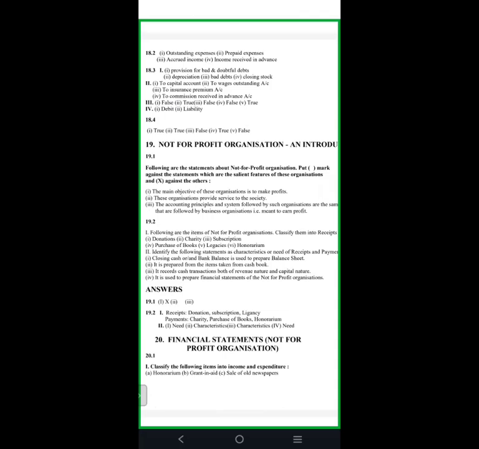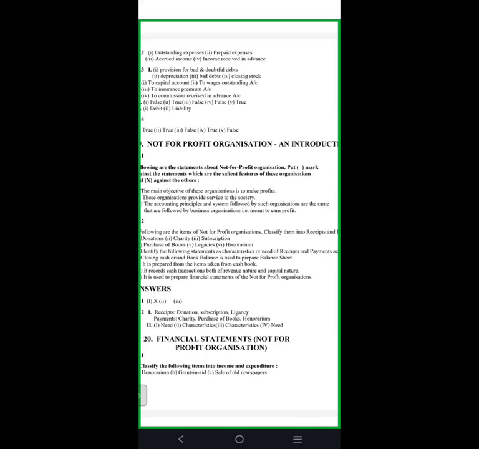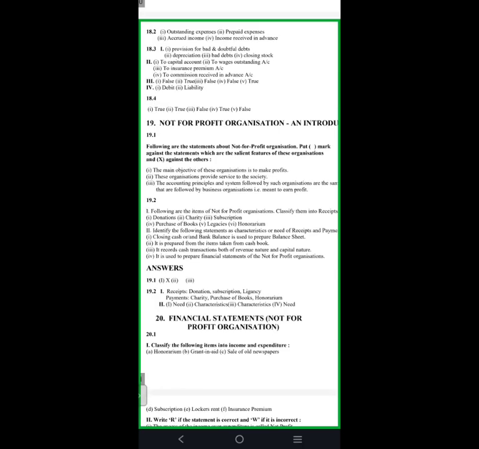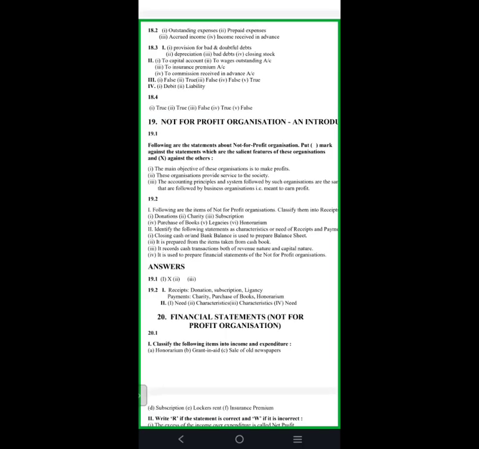The main objective of this organization is to make profit. It's cross. This organization provides services to the society. Tick mark on it. The accounting principles and system followed by such organizations are the same as those followed by business organizations, that is, to earn profit.